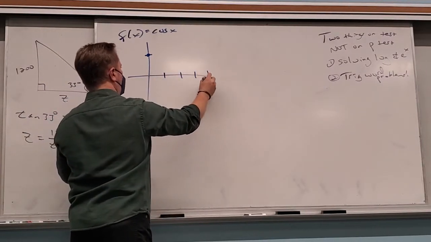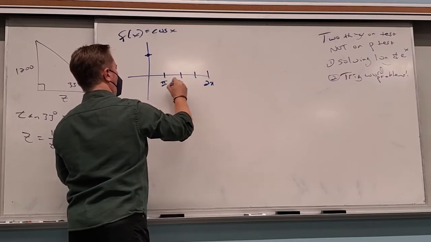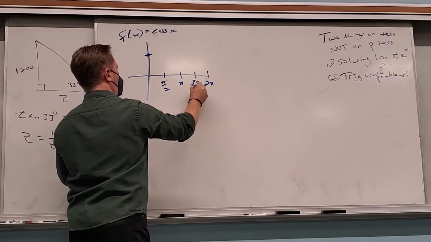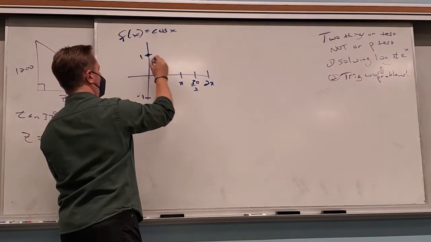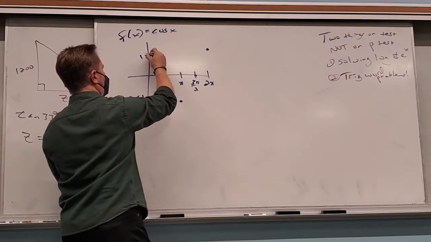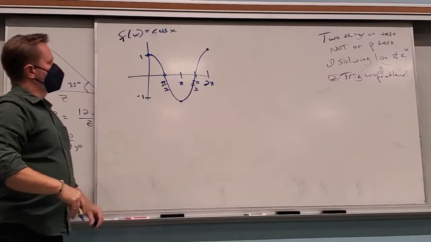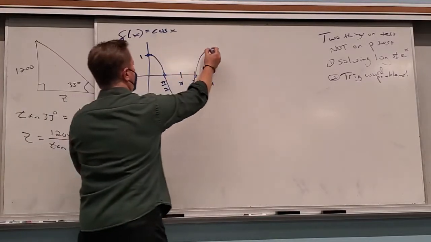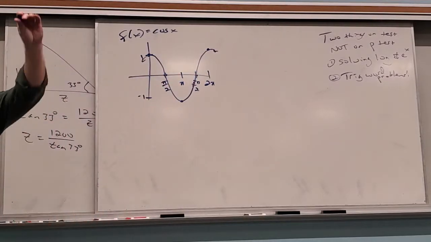It's got the same stuff here. So it's 0 here, -1 here, 0 here, 1 there. So that's the basic cosine. And of course it keeps going and repeats that forever, right?